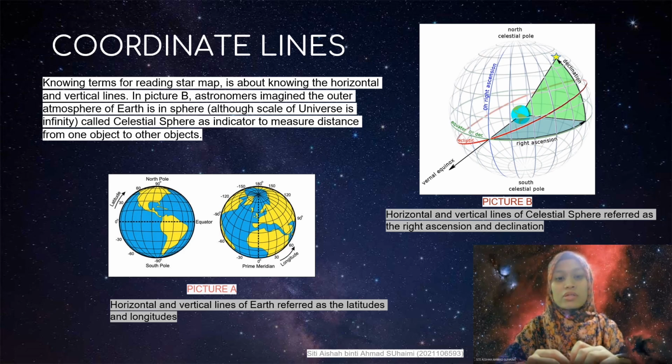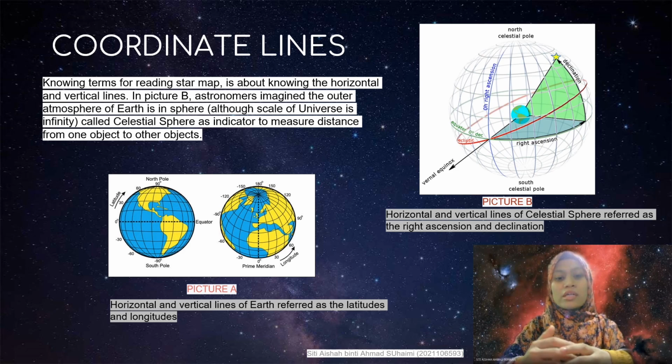Latitudes and longitudes are identified by knowing the location of the equator and the prime meridian on the Earth. Latitude is the measurement on a globe of location north or south of the equator, while longitude is the measurement of location west or east of the prime meridian.